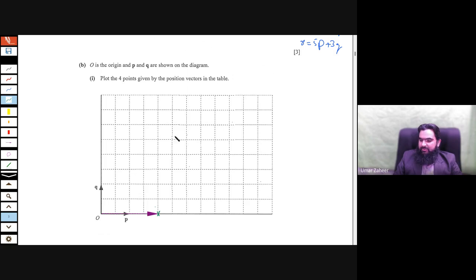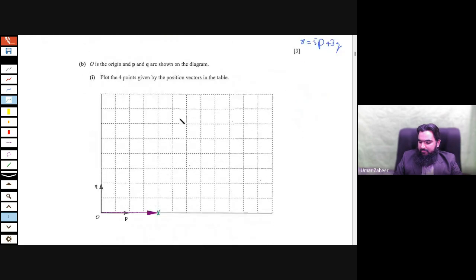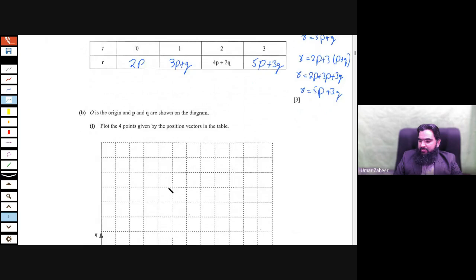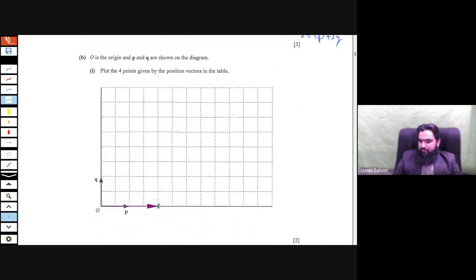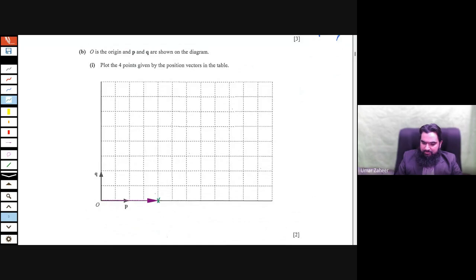Now the second one, he says that at 1, it is going to be 2p plus q. 2p plus q. 1, 2, 3. You have 3p and 1q.